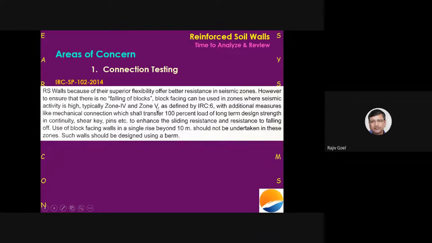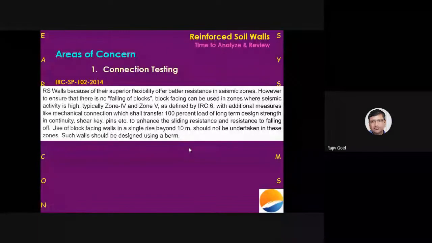So, in brief, this code prevents the use of block fascia without a mechanical connection in seismic zone 4 and 5. This is a very, very important point which we all need to keep in mind.